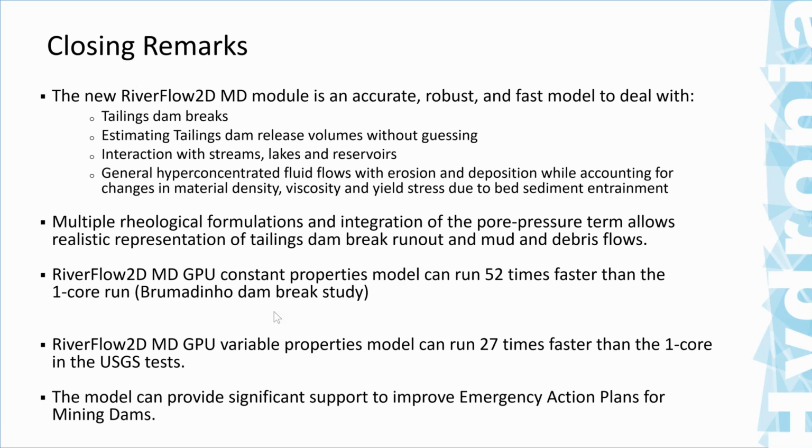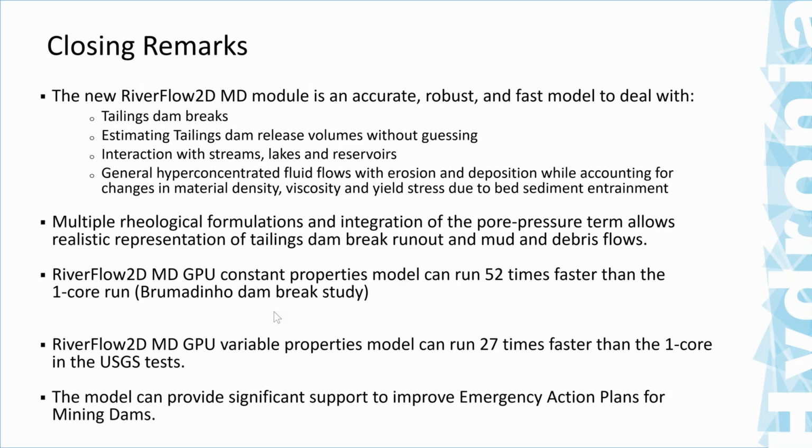I didn't delve into this a lot, but the pore pressure term is the one that I suggested we include that was critical in being able to have realistic results with the model. Without the pore pressure term, it's almost impossible to get the results that we obtain.